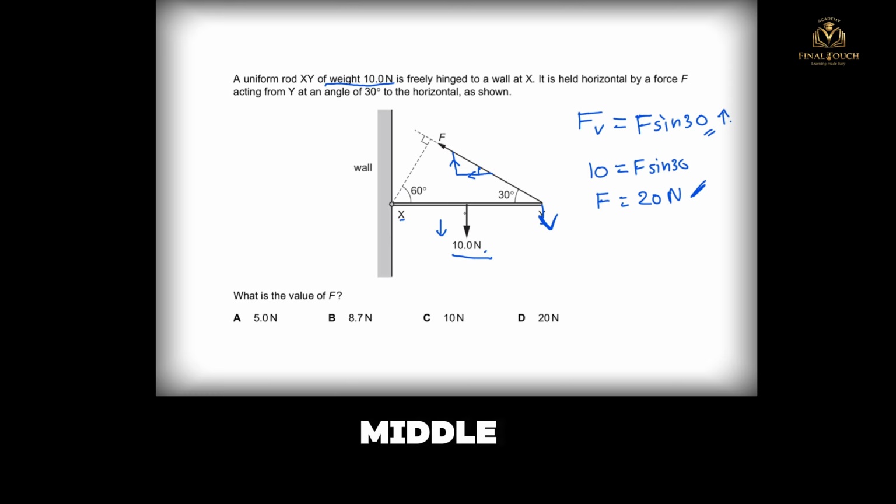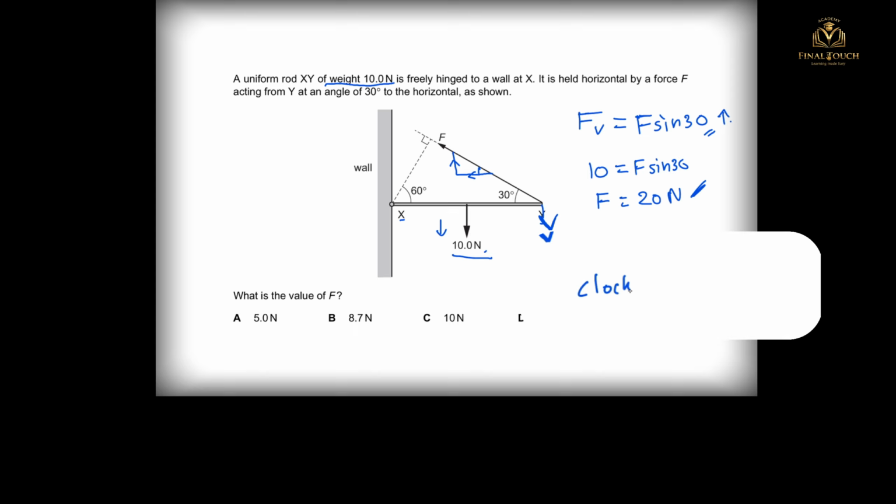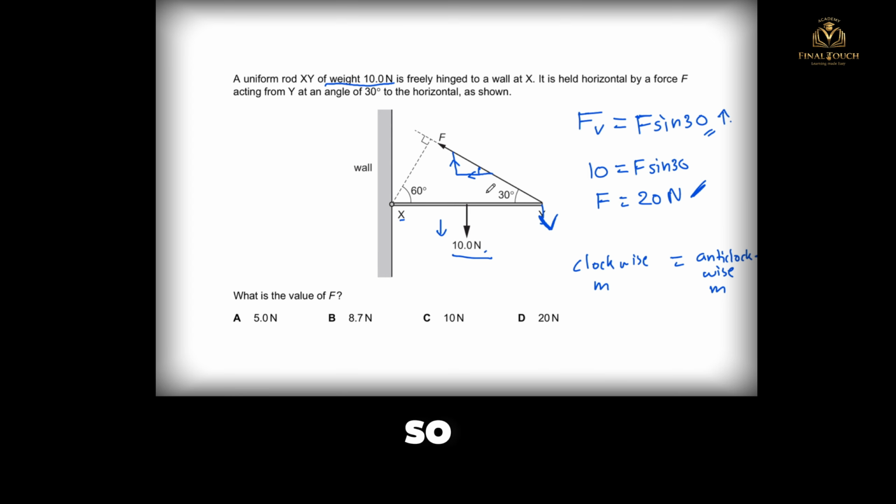Since it's at the middle, we should use the principle of moments, that says all clockwise moment is equal to all anti-clockwise moment. So how can we incorporate this into this question? Let's just do that, and hopefully none of us make this mistake over here.